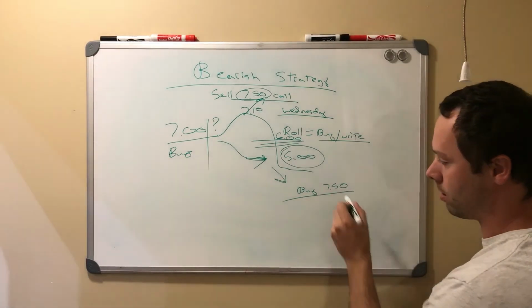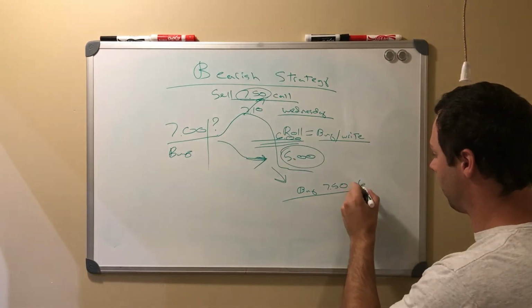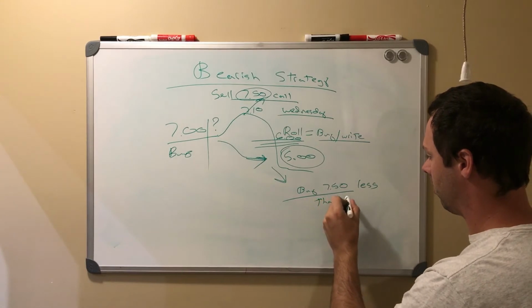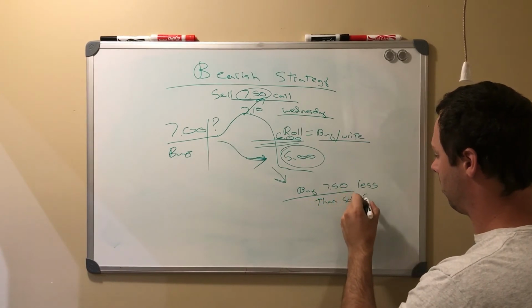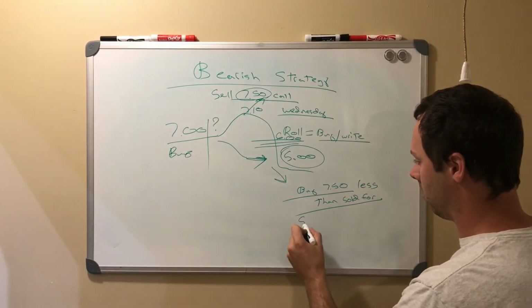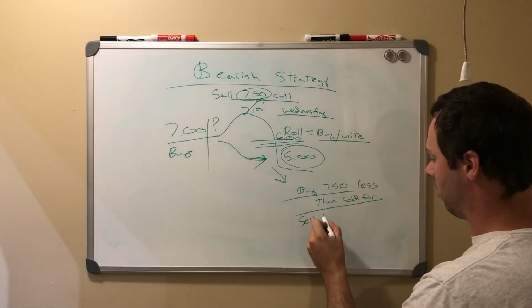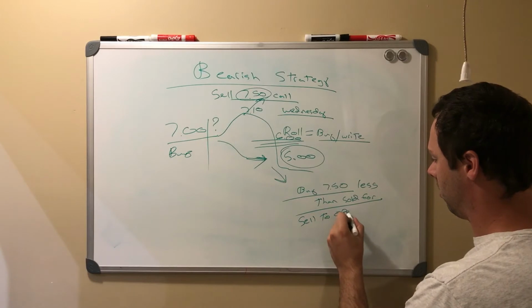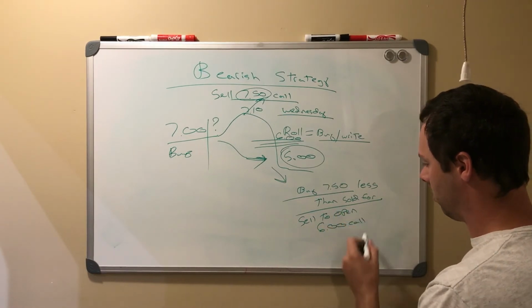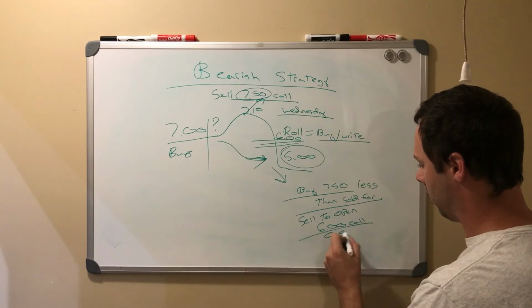And you're going to be buying the 750 back for less than you sold it for. And you're going to sell a $6 call or a $5.50.